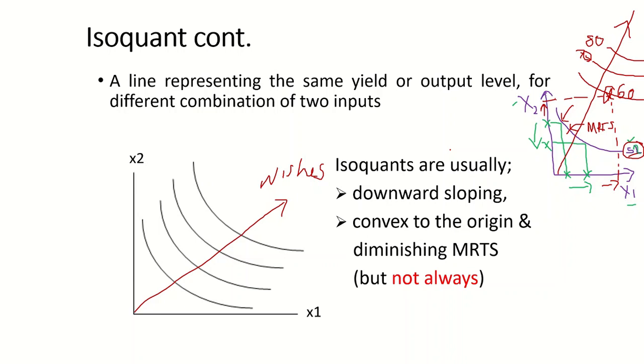So now, isoquants are downward sloping. They are negatively sloped. Why? As we can see, when you increase one input, you have to give up the other input to get the same level of yield. Now, as producers, we want to increase the output.